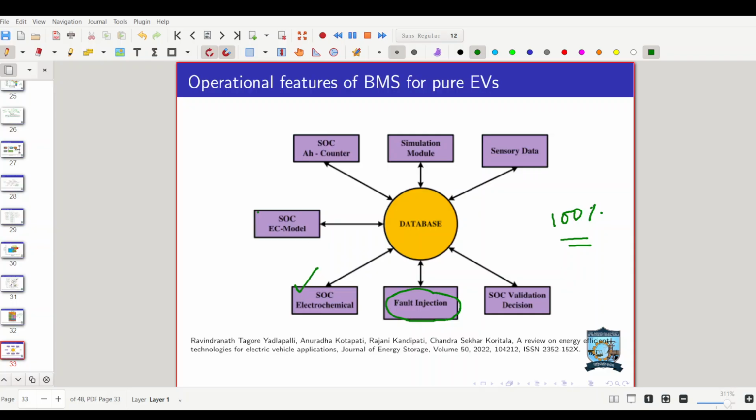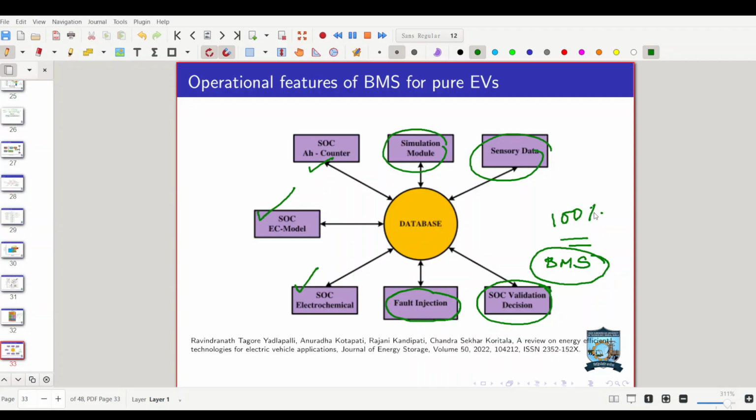Then state of charge, electrochemical charge, then state of charge, ampere hour counter, etc., simulation module, sensor data, SOC validation decision. So this is where many BMS fail. As I have seen in many battery electric vehicles, the BMS is not perfectly judging the SOC while doing, say, regenerative charging or whatever.